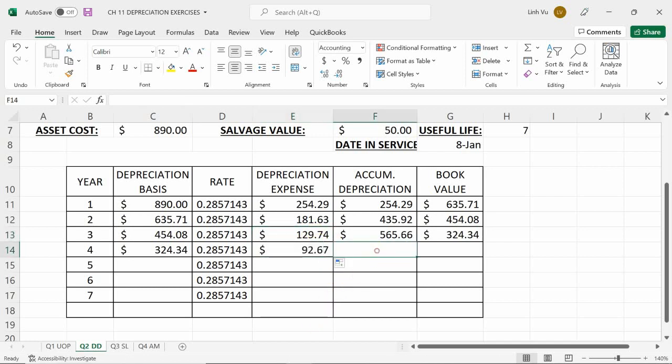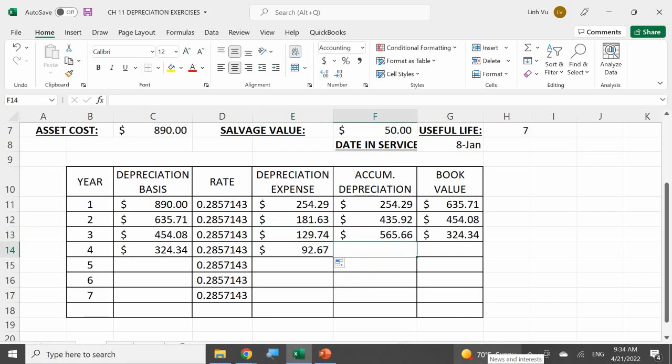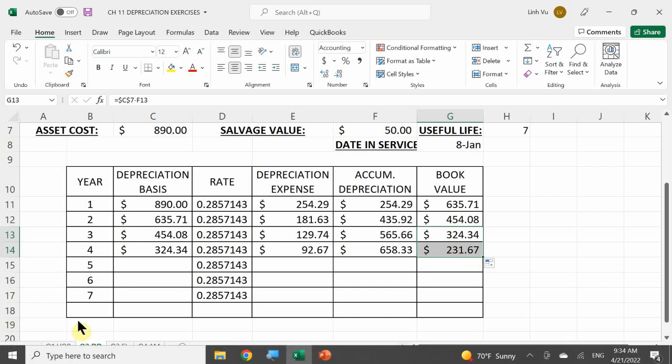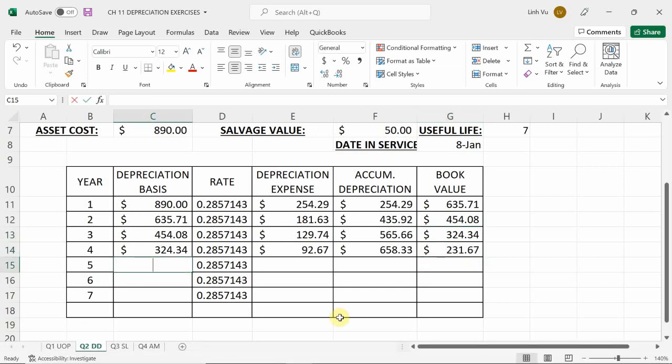Good. Then 658.33. Okay. 231.67. So you minus the book value of 890 to get 231.67. Good. So that carries over to the next year.